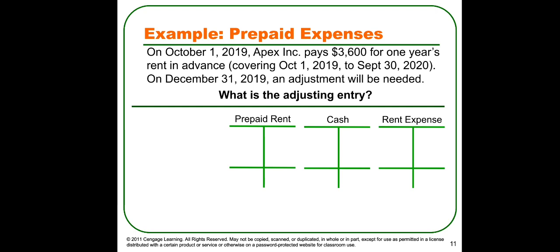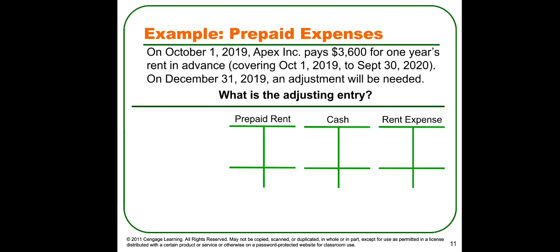So like this example, when the business pays 3,600, it is an asset because after the business pays 3,600, the business can use the building for 1 year. But when the business uses the building, it becomes an expense. Okay. On December 31st, 2019, an adjustment will be needed.